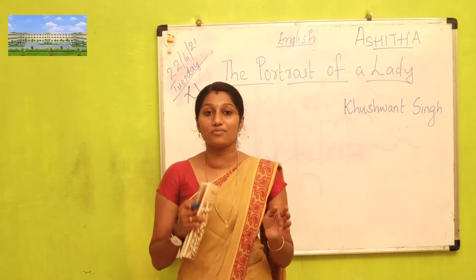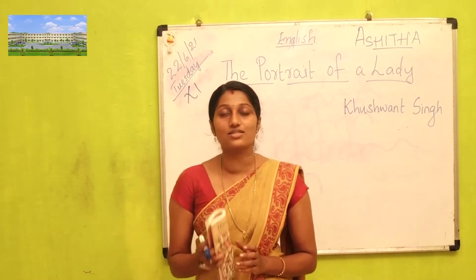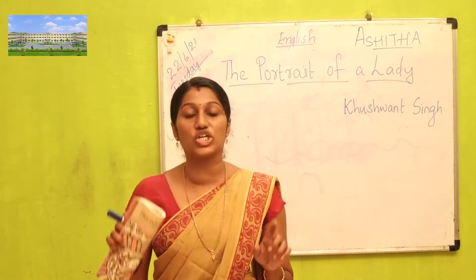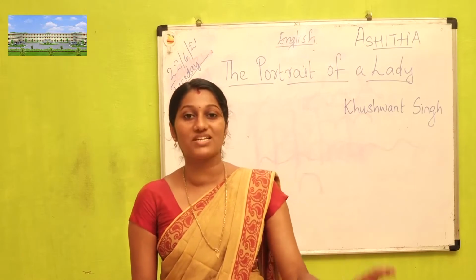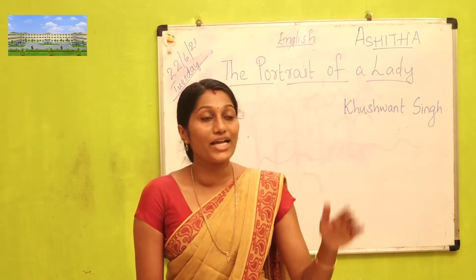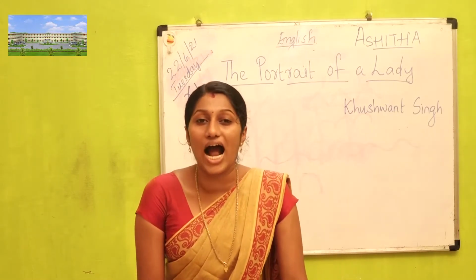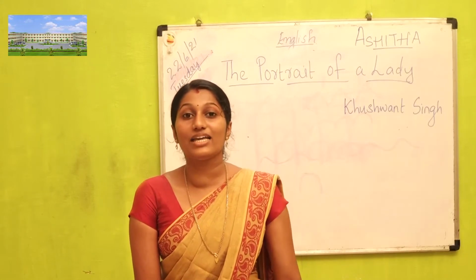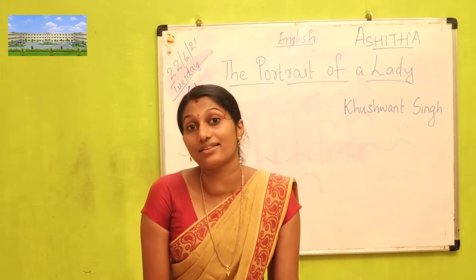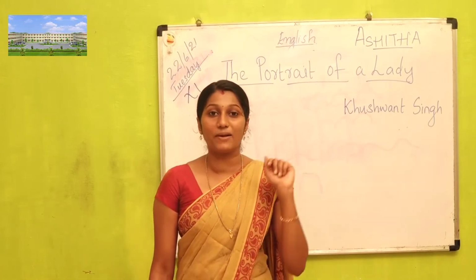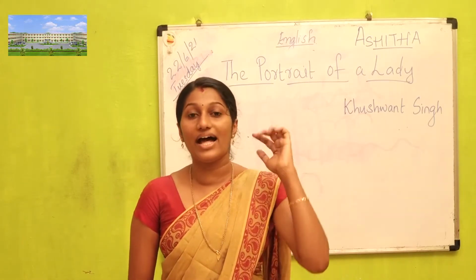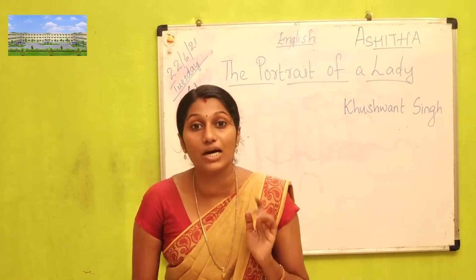His husband, that means Khushwant Singh's grandfather's portrait, is hung on the mantelpiece. Mantelpiece means shelf. And by looking at the picture, it's hard to believe that he was once young like the grandmother. In the picture, the grandfather wore a very big turban.